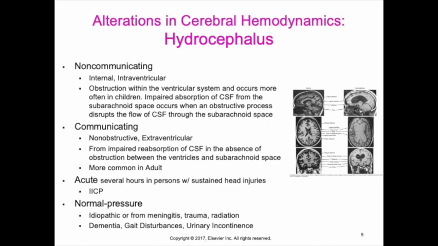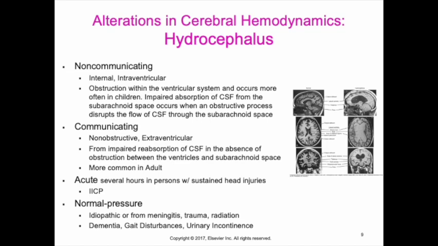With communicating type hydrocephalus, this is more common in adults. It's non-obstructive and it's in the extraventricular area. And this is from impairment of the reabsorption of CSF in the absence of obstruction between the ventricles and the subarachnoid space. When we have acute hydrocephalus, this is happening over several hours when a person has sustained some type of traumatic brain injury, and you're also going to see an increase in intracranial pressure.